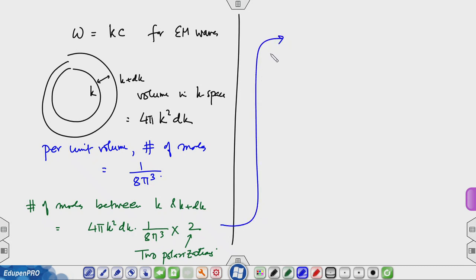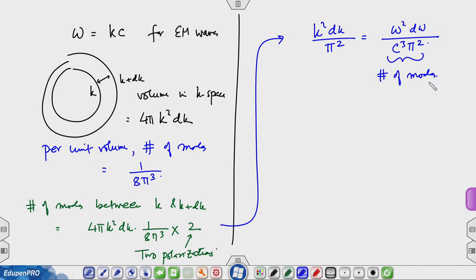So, from here I get k square dk over pi square, and k is omega over c. So, this is omega square d omega over c cubed pi square. That is the number of modes. So, you get u nu, and in nu also I can write this as nu square times, I get 2 pi from each, 8 pi cubed.